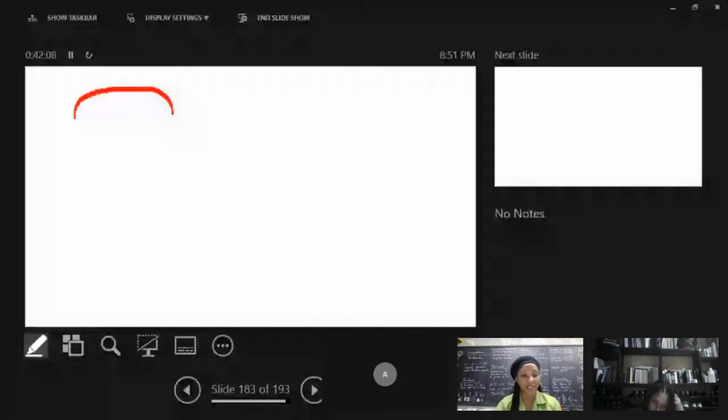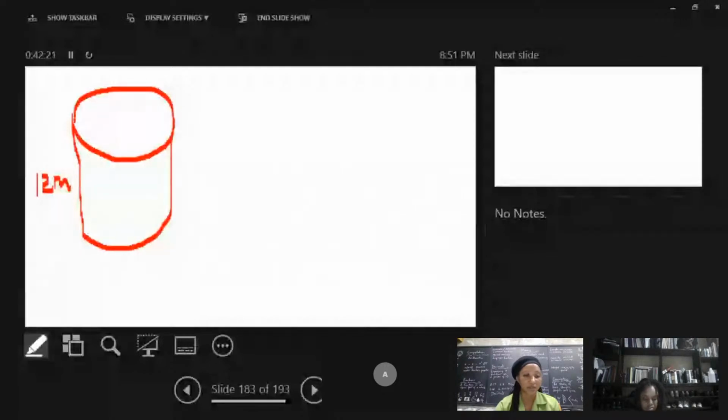All right, so this is our cylinder. And the height is 12 meters. And the diameter is 16 meters. All right, Imani, you're up. Find the volume of the cylinder. Okay, Miss.